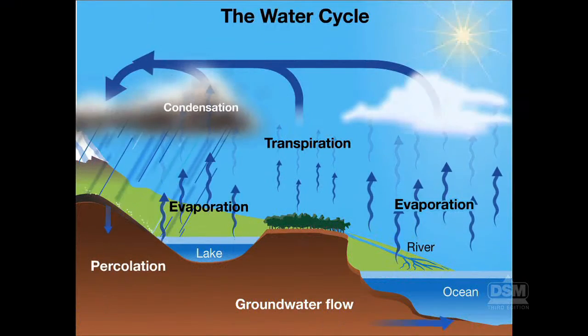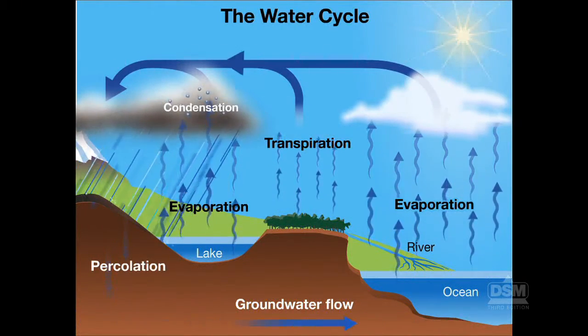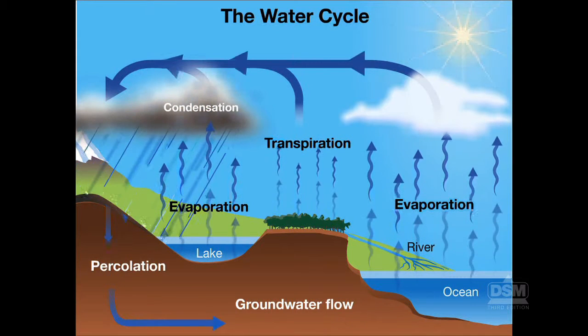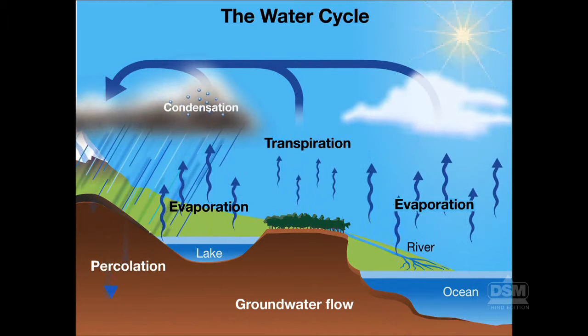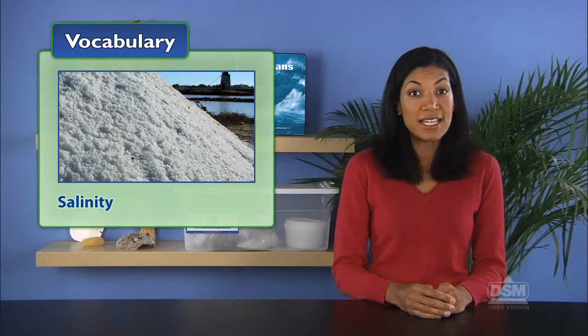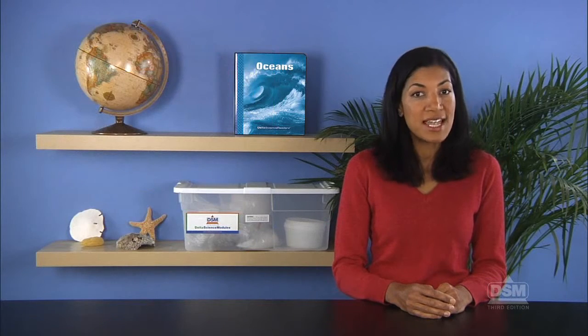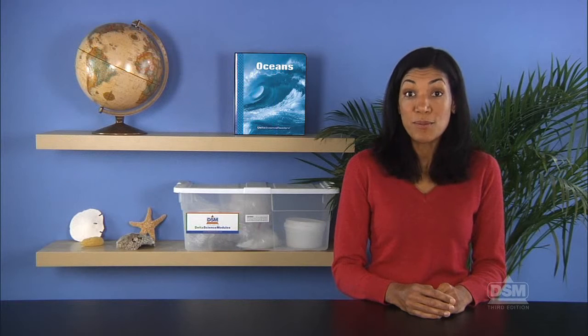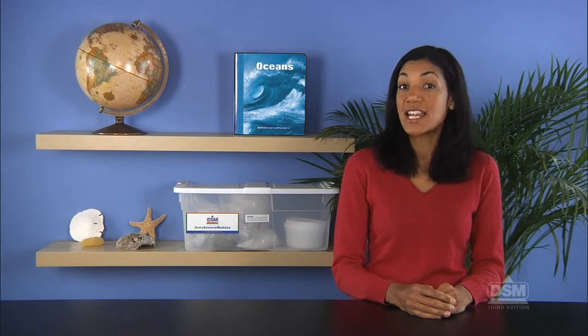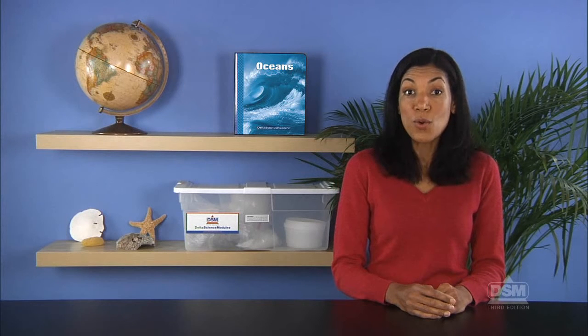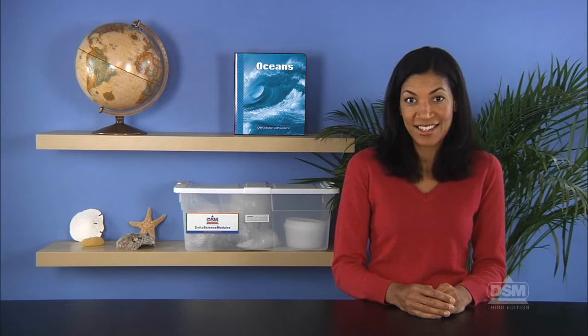Even though water is constantly evaporating from the ocean, the water is replaced by rainfall and by runoff from the land, which keeps the salinity, or the measure of salts in water, of the ocean about the same over time, about 3.5%. Finally, let students know that in Activity 3, they will learn more about the salinity of ocean water and an interesting effect it has on ships and swimmers alike.